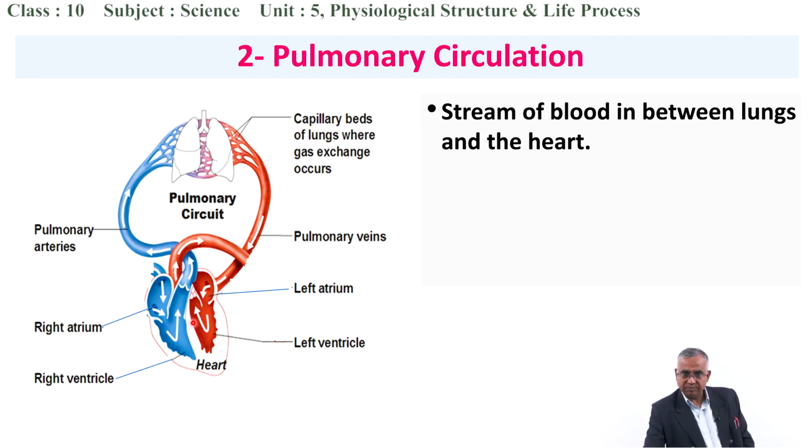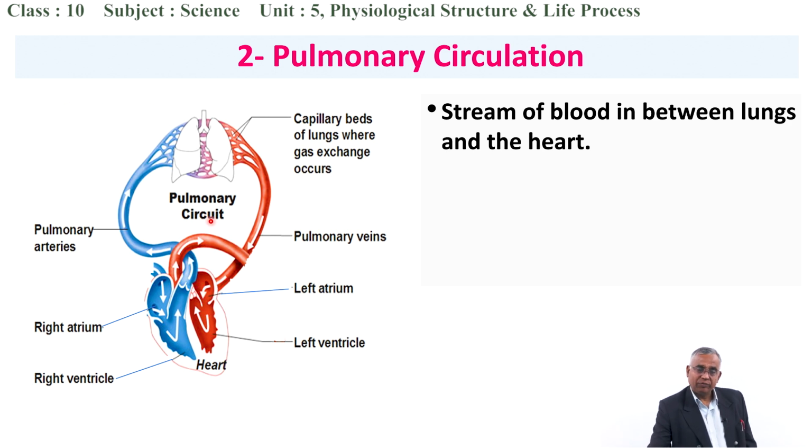So second stream, from the heart, blood is flowing out. Look here, from the right ventricle, blood is passing out where? Through pulmonary arteries into lungs. There blood is purified after exchanging oxygen and carbon dioxide, and that is brought back into what? Left auricle by pulmonary veins.